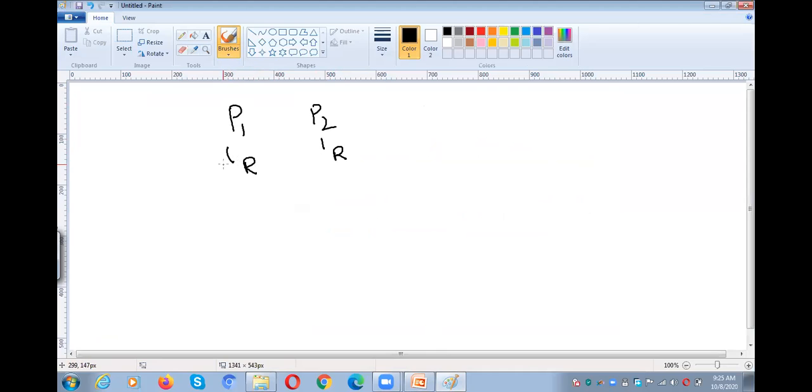So, at that time, whatever resources were allocated to P1 might be needed by P2, and whatever resources were allocated to P2 might be needed by P1. What happened here?